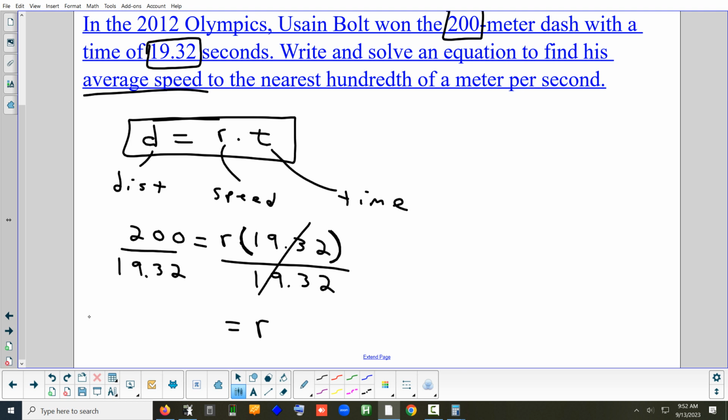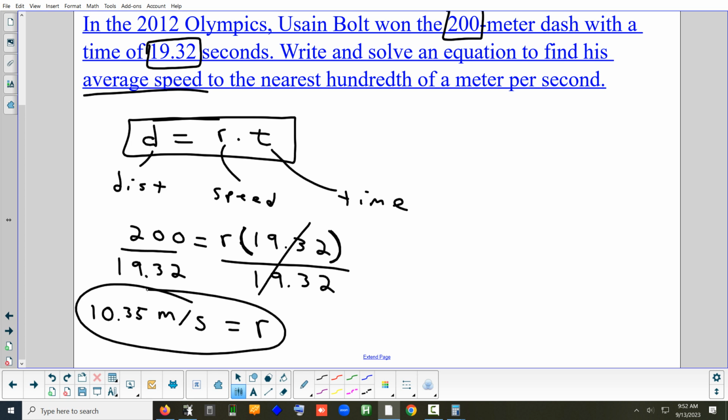So the speed is 10.35. And what was the length that we used to measure distance in this problem? Meters. So 10.35 meters per, what was the unit we used for time? Seconds. In the US, we usually use miles per hour.